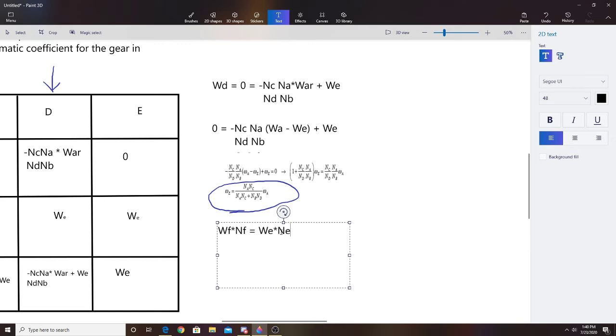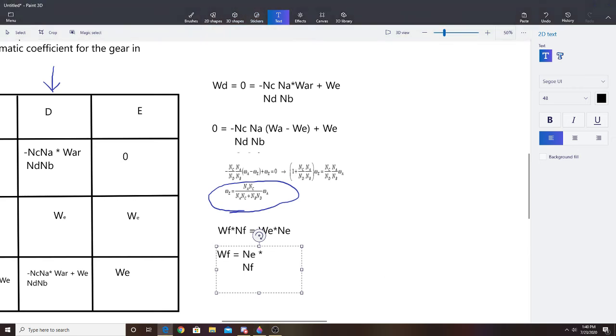And so we have gear teeth, this right here, which we have just found, right? You guys would agree we have just found it from that equation. And we have WF and NF. So we do the exact same thing we did before, which would be WF is equal to NE over NF, right, times all of this stuff, which I now have to put in. So NA, or NC, NA, it doesn't really matter.